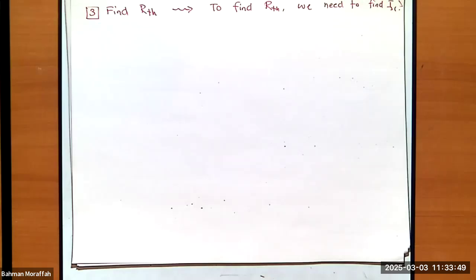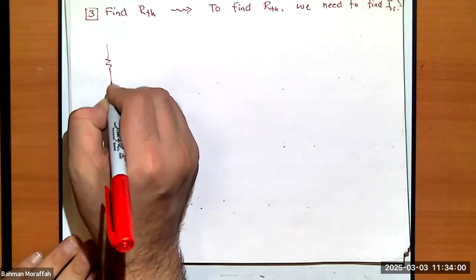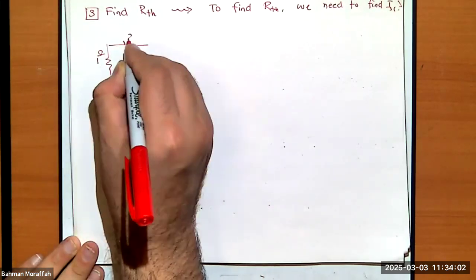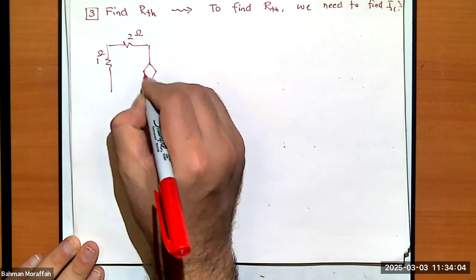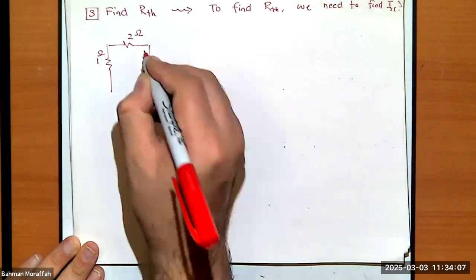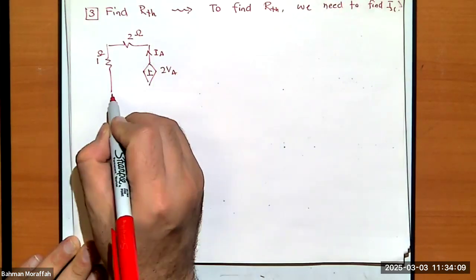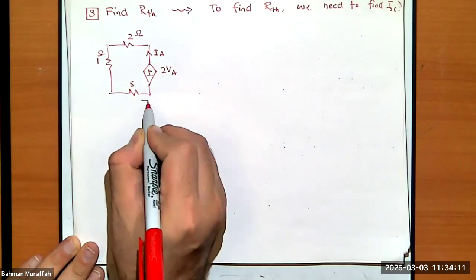Again, we're going to remove the load. Between those two terminals, we're going to put a wire. On whatever current we have going through it, that is our I short circuit. So the circuit would look like this. 1 ohm, 2 ohm, 2 VA. This is IA. It's an 8.